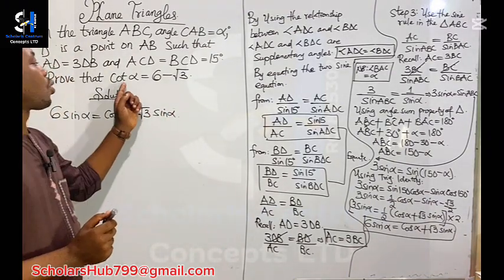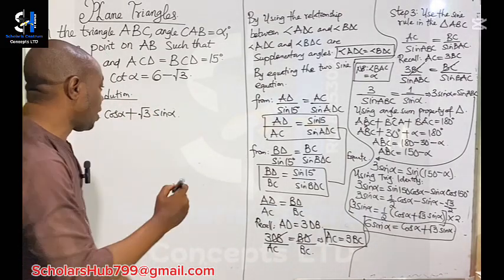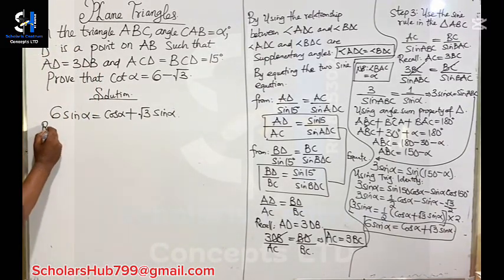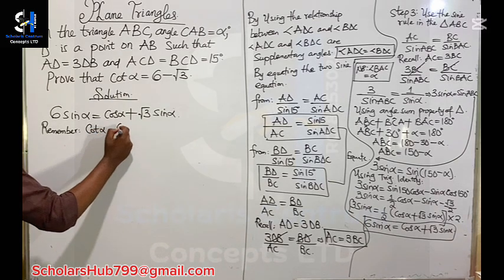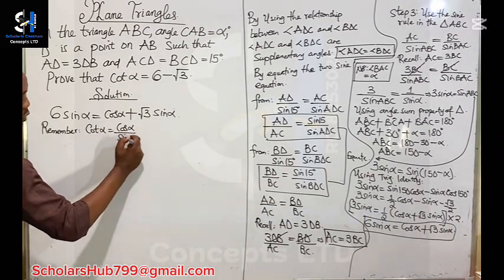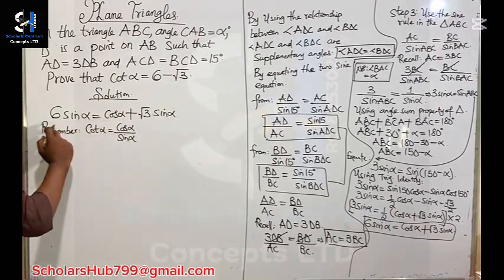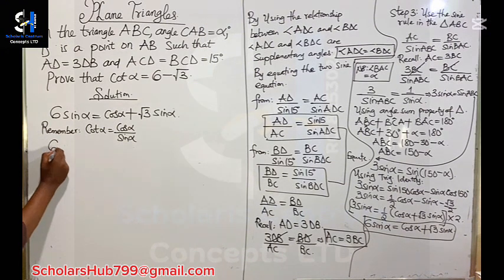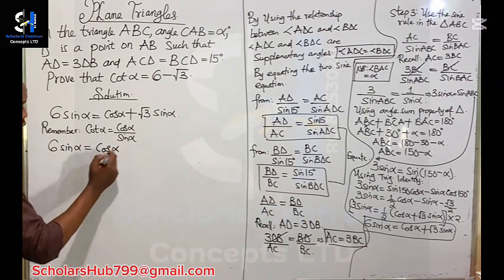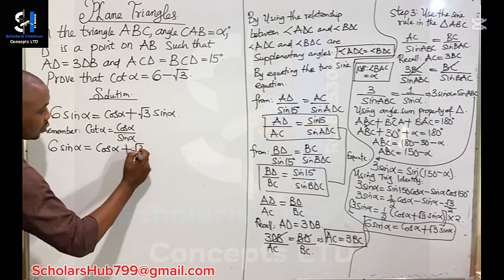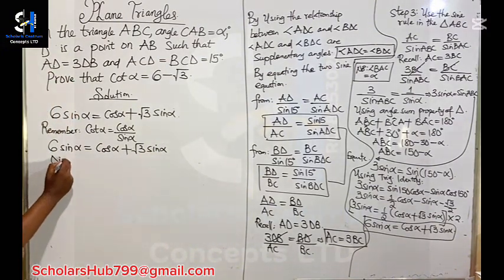Because I want to obtain cot alpha, and I know cot alpha is cos alpha over sine alpha, I'm going to divide by sine alpha. So we have 6 sine alpha equals cos alpha plus radical 3 sine alpha.